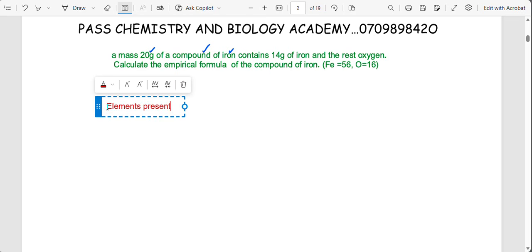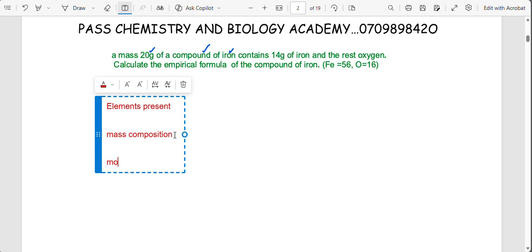We said which abbreviation do we use to remember? The abbreviation we use to remember is ECM squared. Okay, so we start very fast. E stands for elements present. C stands for composition.